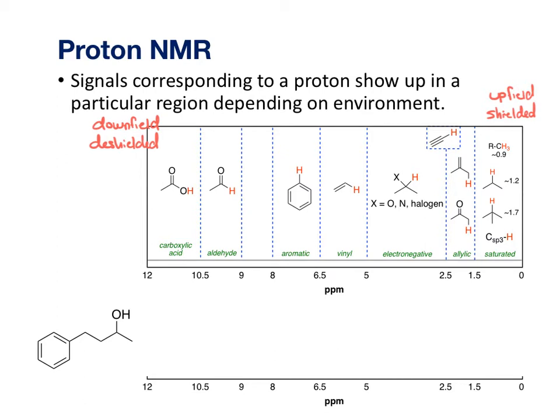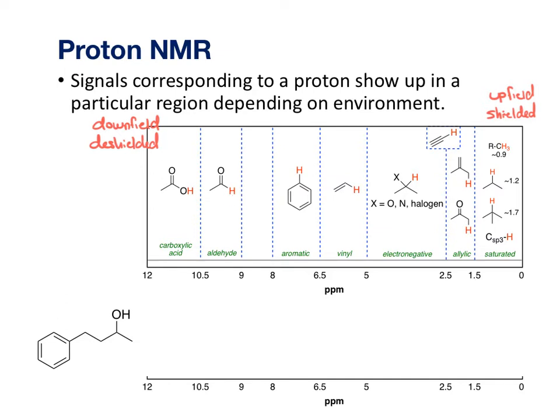If the proton is next to a carbon with a double bond, that falls in the allylic region. If it's on a carbon containing a heteroatom like oxygen, nitrogen, or a halogen, that shifts it downfield to about between 2 and 5. If it's directly on a double bond, that's in the vinyl region. If it's on an aromatic ring, it falls in the aromatic region.